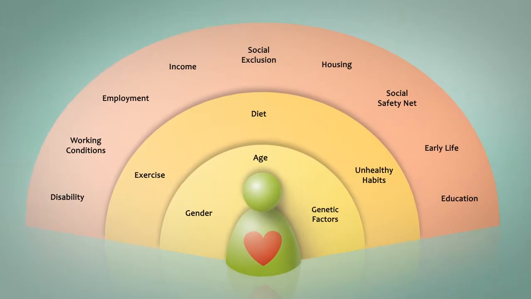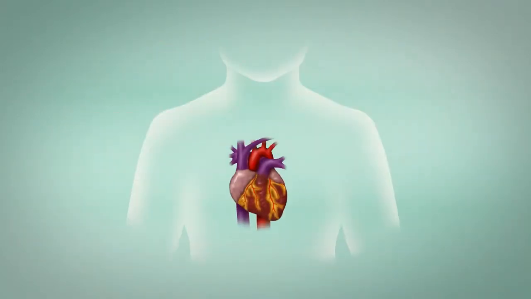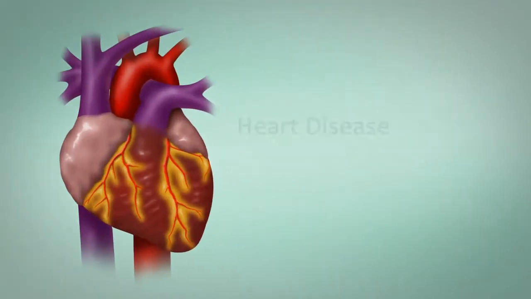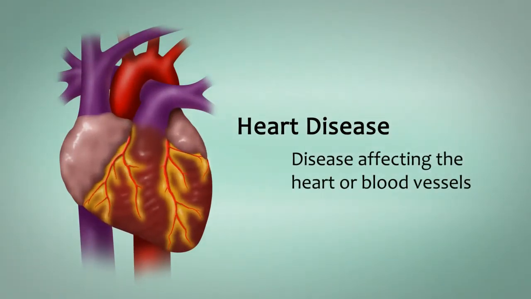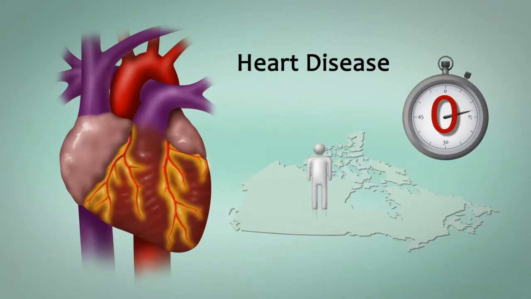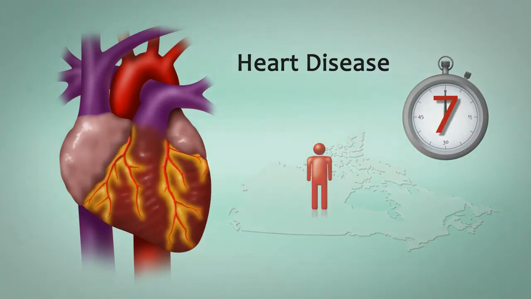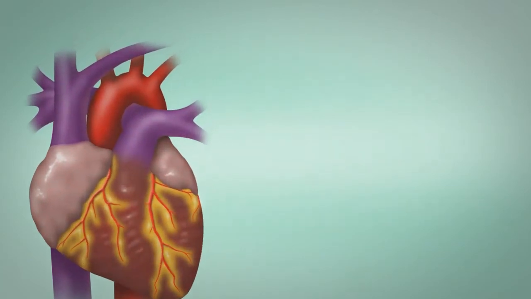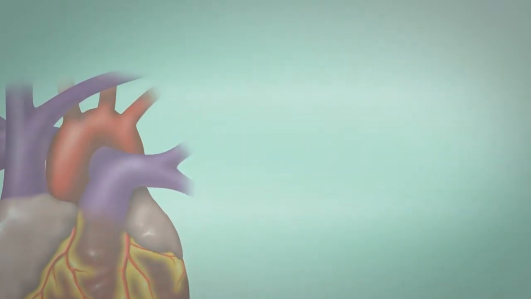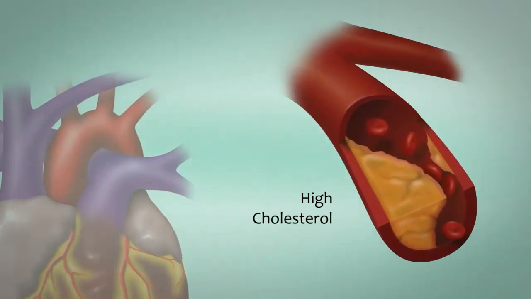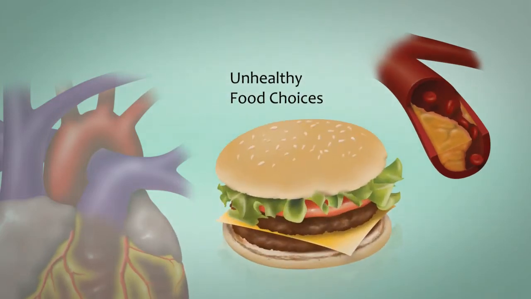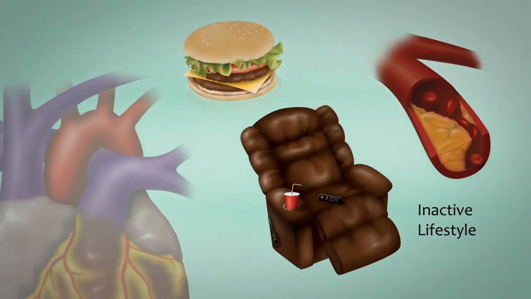So how do these social factors influence our health? Let's look at heart disease, for example. Heart disease affects the heart and blood vessels. In Canada, one person dies every 7 minutes because of heart disease or stroke. Many studies have focused on individual risk factors such as high cholesterol, unhealthy food choices, and an inactive lifestyle.